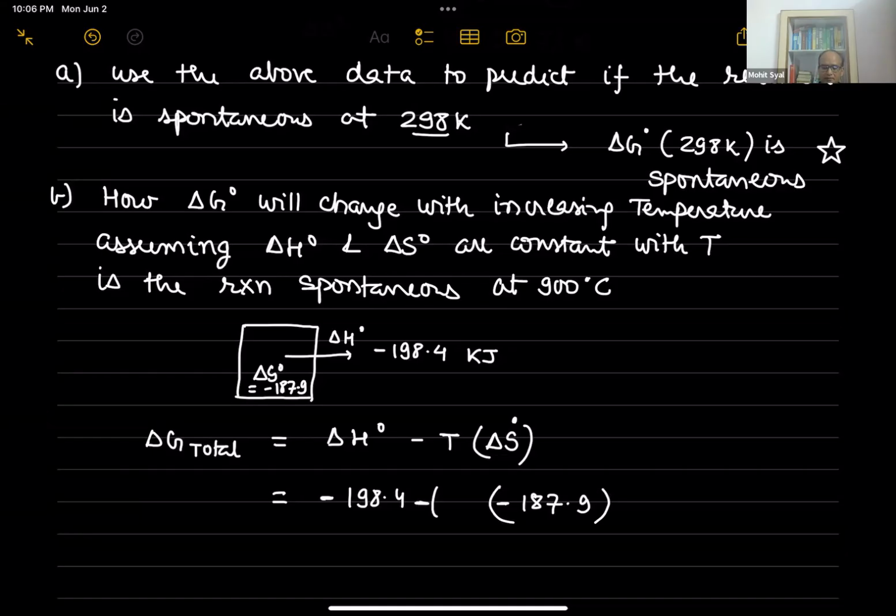This is minus, and the temperature is 900 degrees Celsius. 900 plus 273 is 1173 Kelvin. Clear?